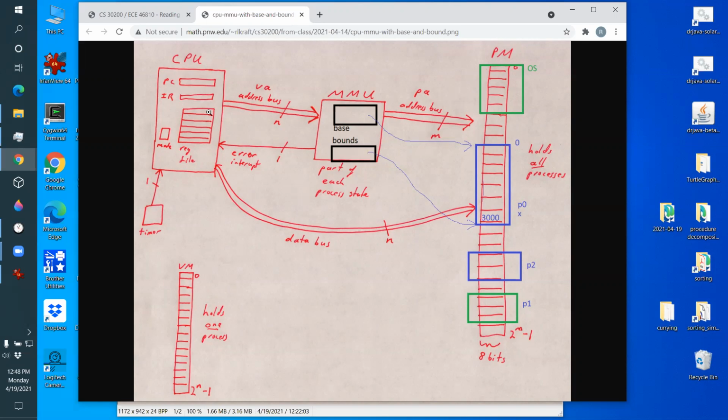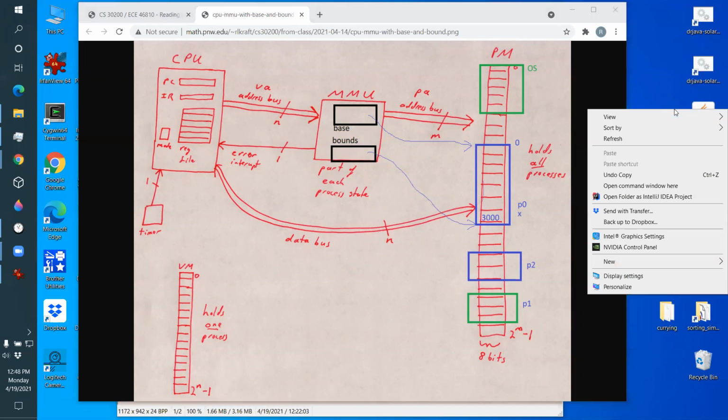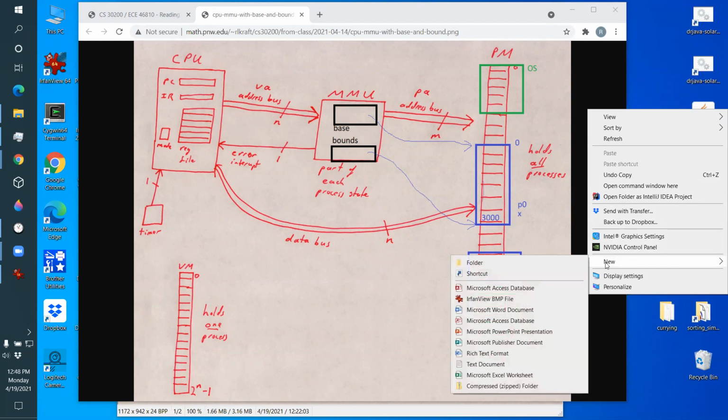All right, so that's base and bounds. Now this works pretty well. Its advantages are, let's see, I can't remember. I think we wrote them down, but we should do it again.